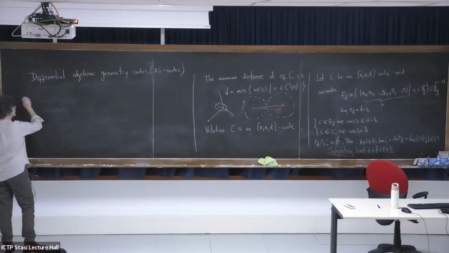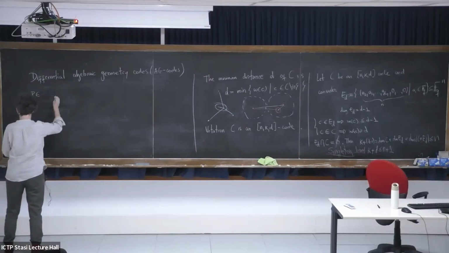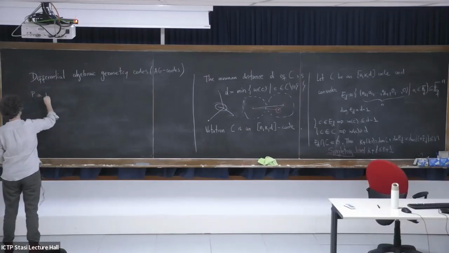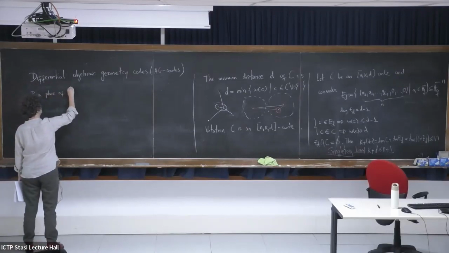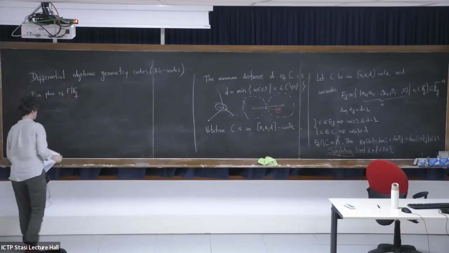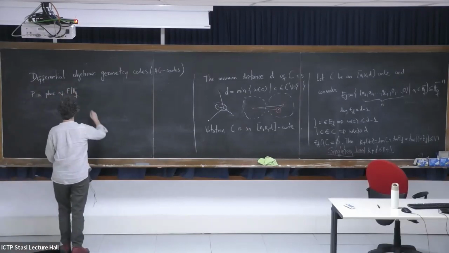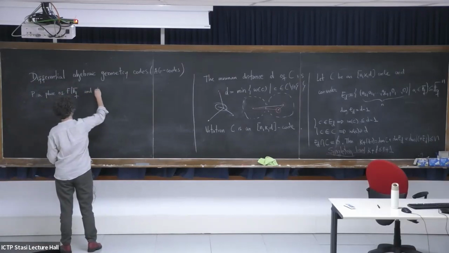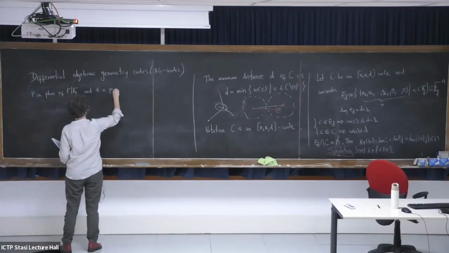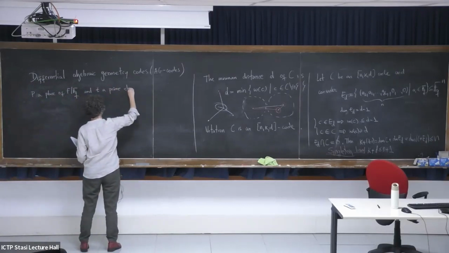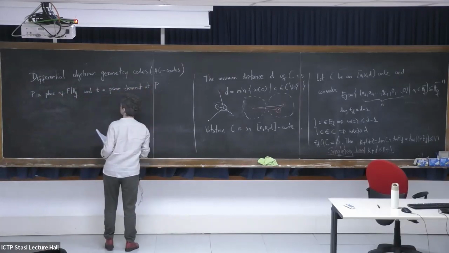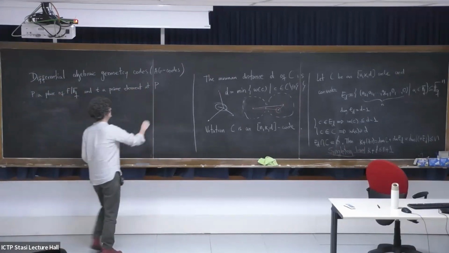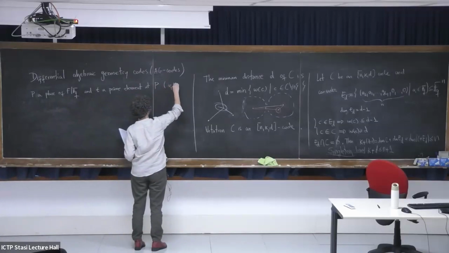Take a place P in your function field, and t a prime element at P. Yeah, so what does it mean? It means that the evaluation v_P(t) is what?